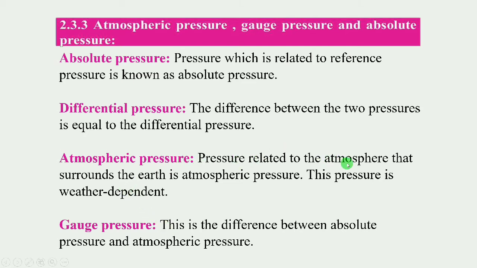Pressure related to the atmosphere that surrounds the earth is atmospheric pressure. Okay, and this pressure is weather dependent. We already discussed it in our previous lecture, right? Next is gauge pressure. This is the difference between absolute pressure and atmospheric pressure, as we have already seen in the formula.